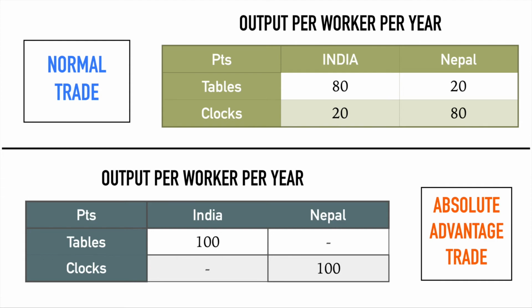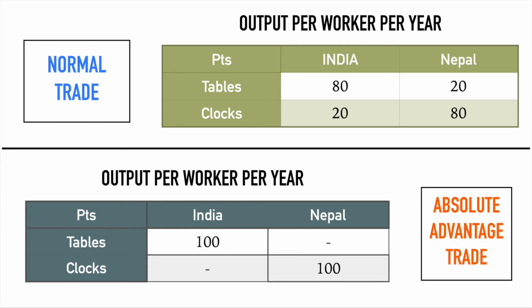So by observing that table, what can you see? That India has absolute advantage in producing tables compared to Nepal, whereas Nepal has absolute advantage in producing clocks compared to India. Now look at the second table.